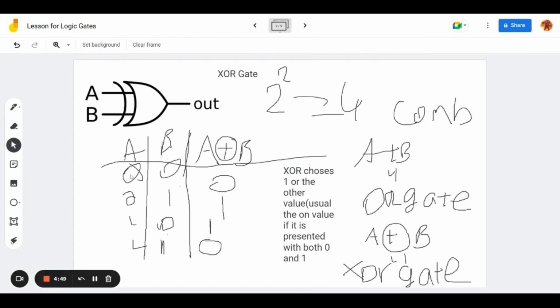But if it's presented only with 0 and 0, it cannot choose 1 because none of the values are on, as none of the values have 1. So it would just end up being 0. While if both of the values are on, it has to choose one or the other. So it's going to choose the other value of 0 as both of them are on. So they end up becoming 0. So that's how the XOR gate works. It chooses one or the other. So it ends up being 0, 1, 1, 0. That is how the XOR gate works.